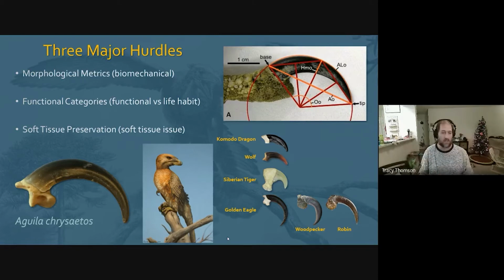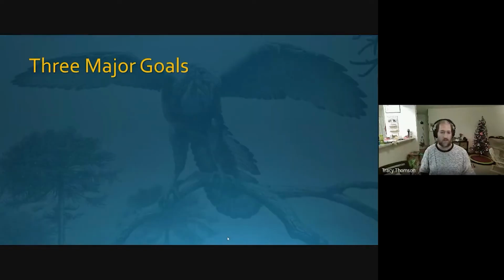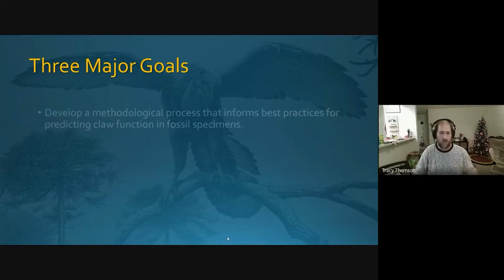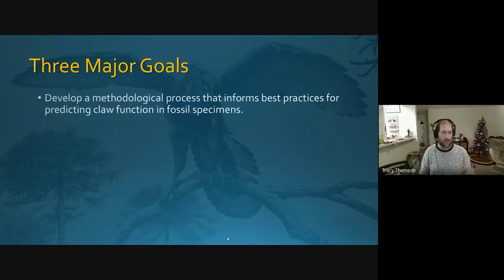So these are the three major hurdles that I tried to overcome in my project as far as getting to this step where we can actually interpret function in fossil claws. So related to those, I had three major goals. I wanted to develop a methodological process that would inform the best practice for going about this problem: how do we predict claw function in fossil specimens, and what is the best way to do that?